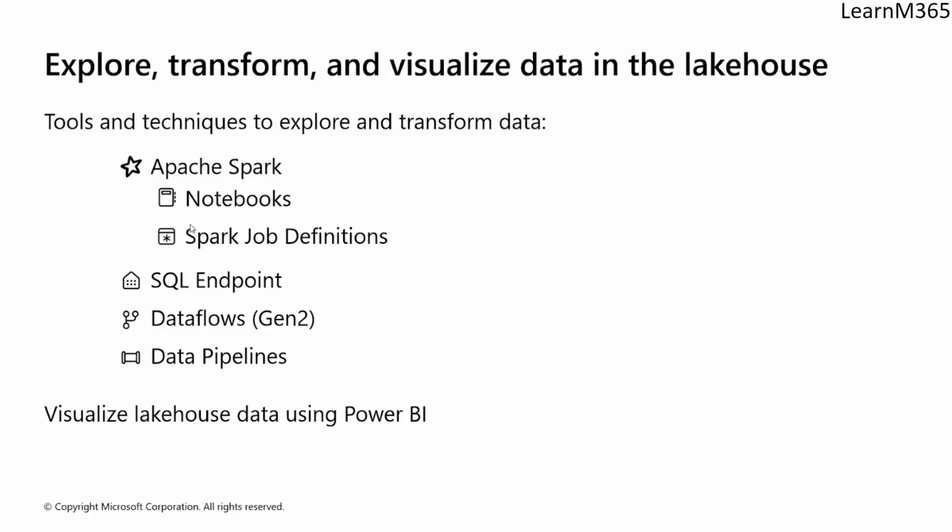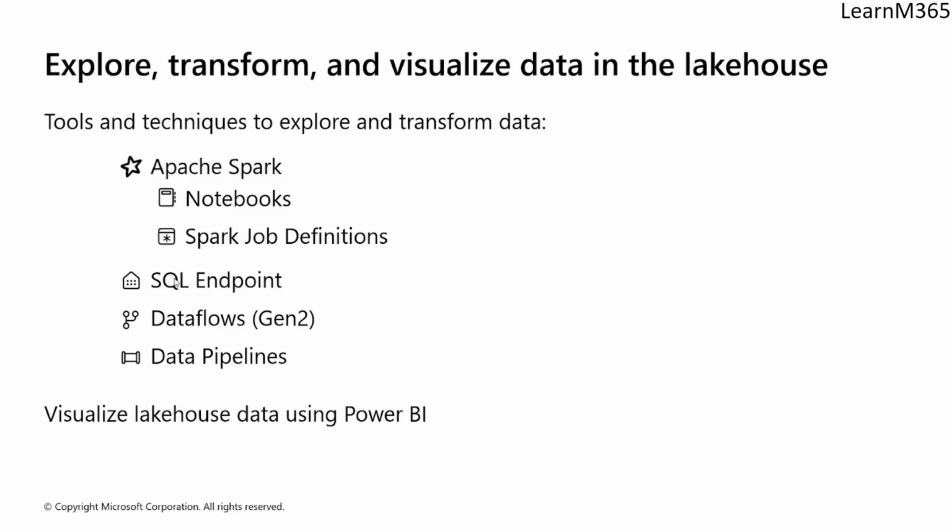And then we have one more tool, which is the SQL endpoint. Each lakehouse includes a SQL endpoint through which we can run Transact SQL statements to query, filter, aggregate, and otherwise explore data in lakehouse tables.